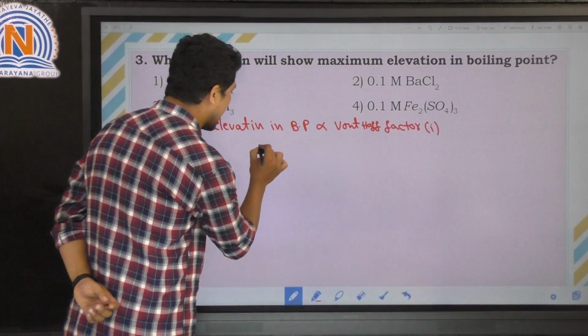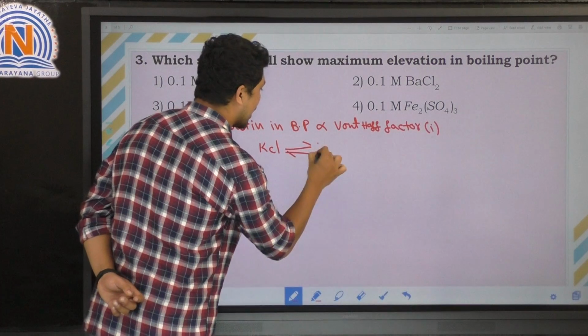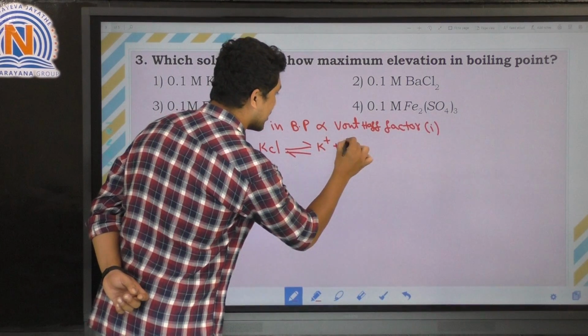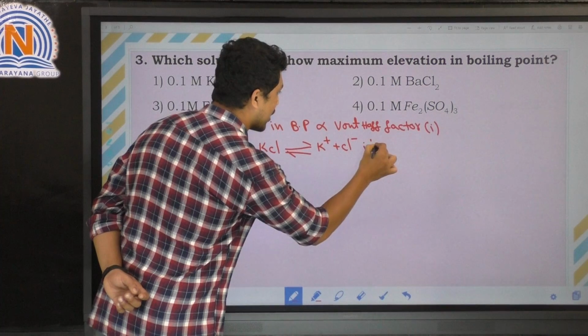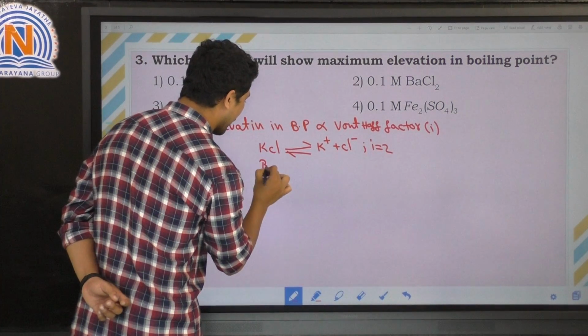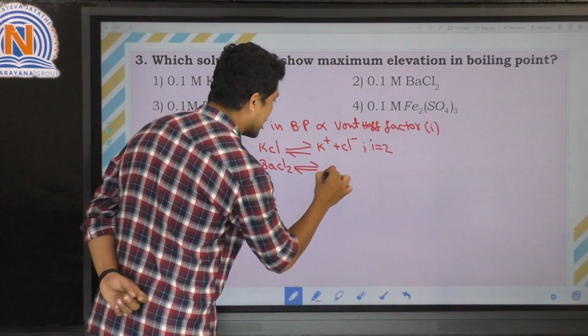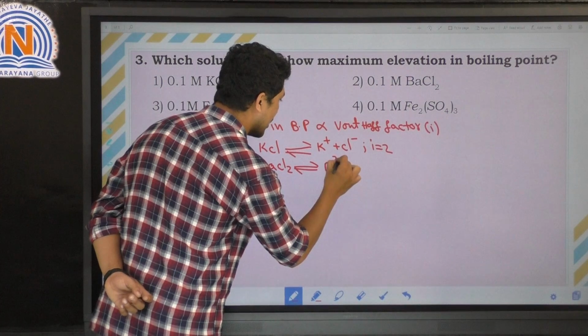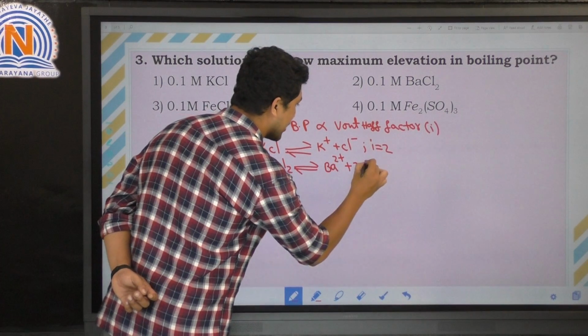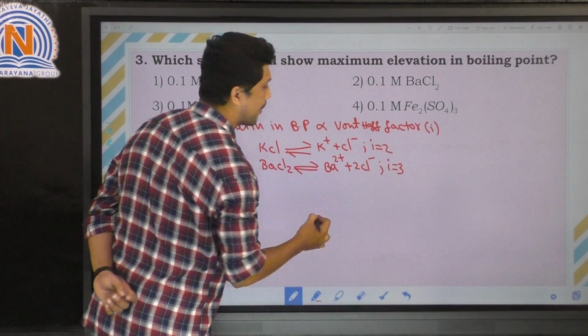First one, KCl. KCl can be dissociated into K plus and Cl minus. So it has van't Hoff factor i equals 2. Next, BaCl2 dissociates into Ba2 plus and 2Cl minus, so i equals 3.